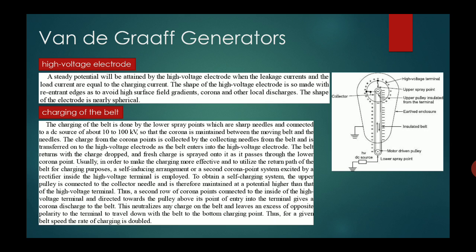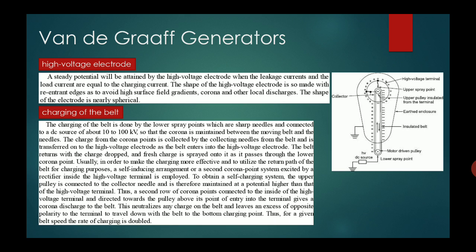Then the belt comes down and is charged again. But the charging of the belt should be such that there is a very small amount of losses and sparks, or corona, and that depends on the construction of the needle.